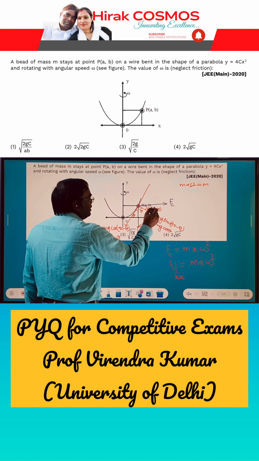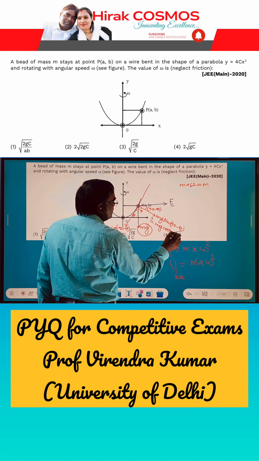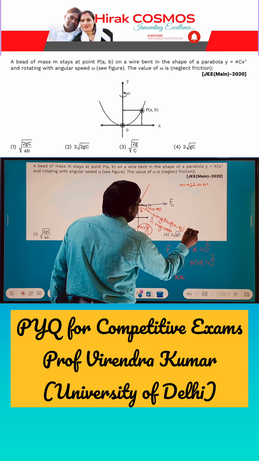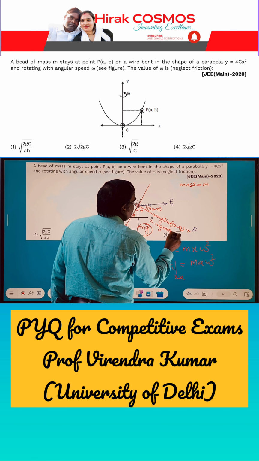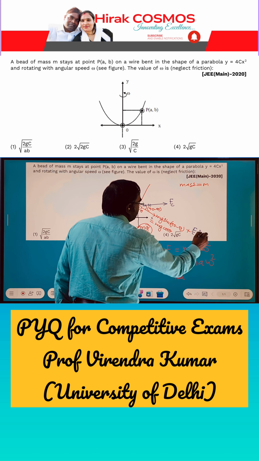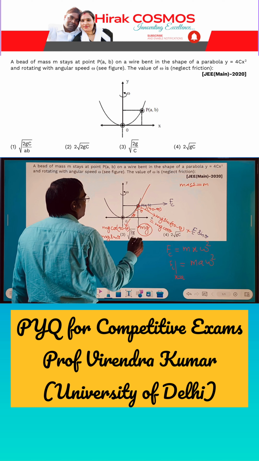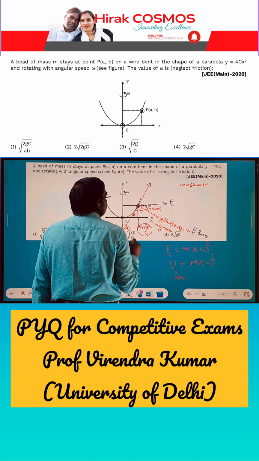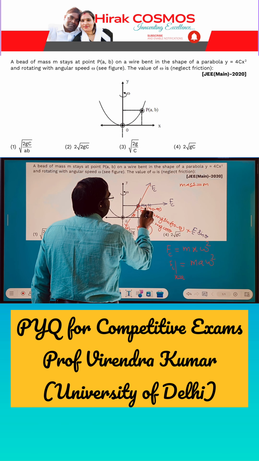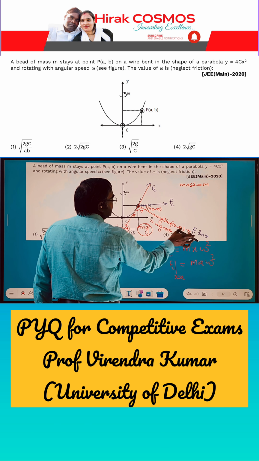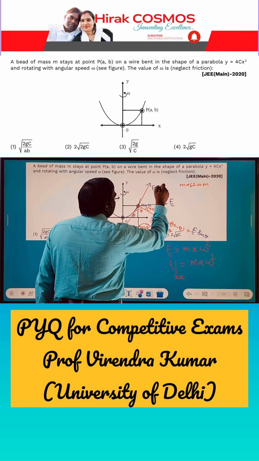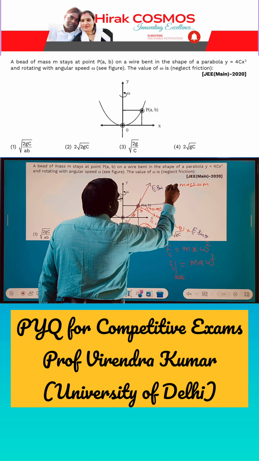So Fc cos(90 minus theta), this other component will be Fc cos(90 minus theta), that is Fc sin theta, right? And the other perpendicular component will be here, that is Fc sin(90 minus theta).